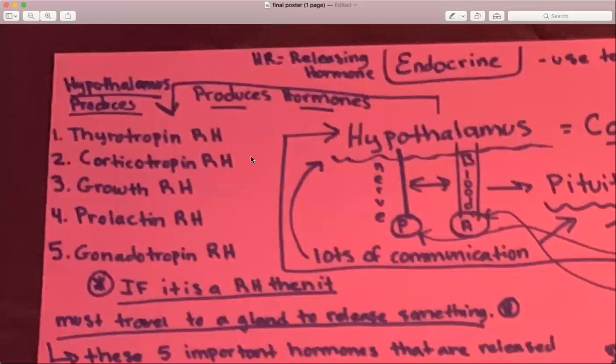Now, releasing hormone is a special word though, and I've used that since way back when until now. If it says releasing hormone, think of that right here, growth releasing hormone. Well, I know that we have growth hormones in our body.